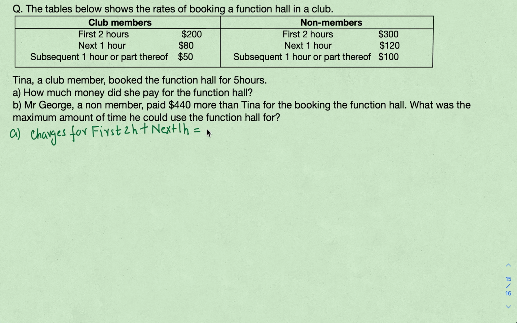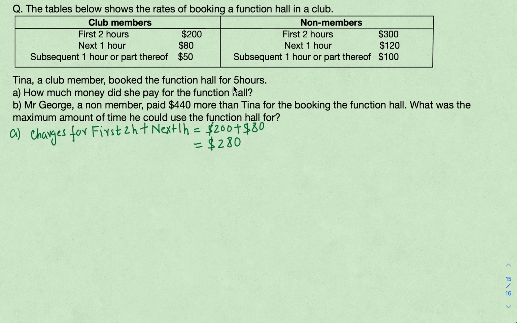It will be $200 for the first 2 hours, and then another $80 for the next 1 hour. Which will give us $280. That means for the first 3 hours the charges are $280.